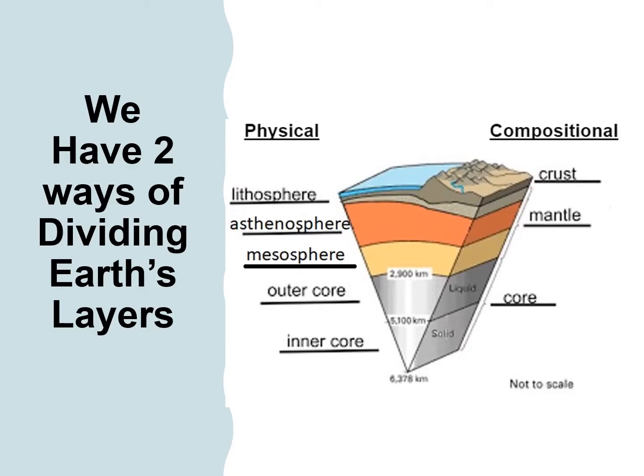So the first thing we're going to do is talk about how scientists have two ways of dividing Earth's layers. The physical way that they divide it divides the layers by physical attributes. They might all be a solid, they might all be a liquid, it might be rocky, things like that, a physical feature, where composition is more of the ingredients, what makes it.